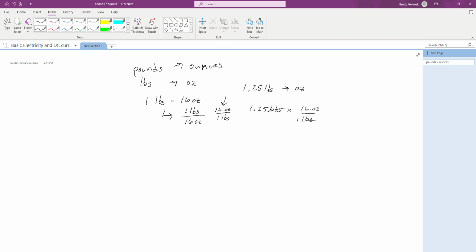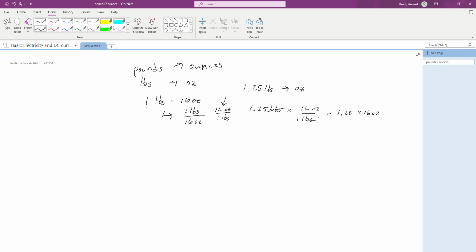Like I said, sometimes you're going to have multi-step conversions, and you want to always make sure you're canceling things out because this is just a fraction, and we're doing multiplication with fractions, and if we have the same term on top and the same term on bottom being multiplied by each other, we can divide them out because fractions are just division, so it undoes those. So in the end, I end up with 1.25 times 16 ounces.